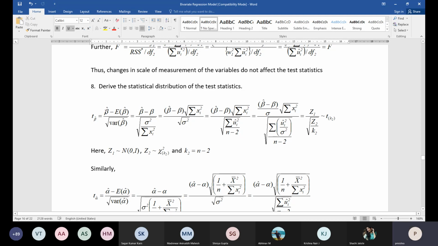Now, if beta hat is an unbiased estimator of beta, then expectation of beta hat would be equal to beta. So I can write this as beta hat minus beta divided by the square root of variance of beta hat. And you know, variance of beta hat is sigma square divided by summation of small xi square.